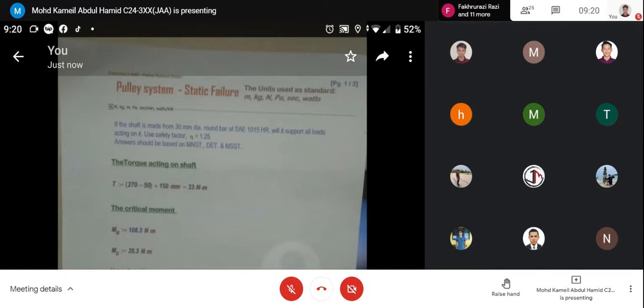Okay, so T can just use 270 minus 50, 270 minus 50 times 150. Okay, so dapat dia punya T value, the big T. It's 33 Newton meter.